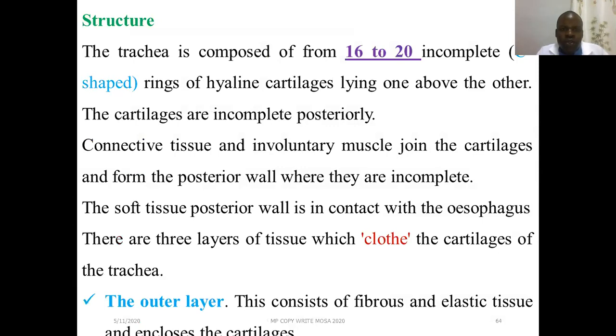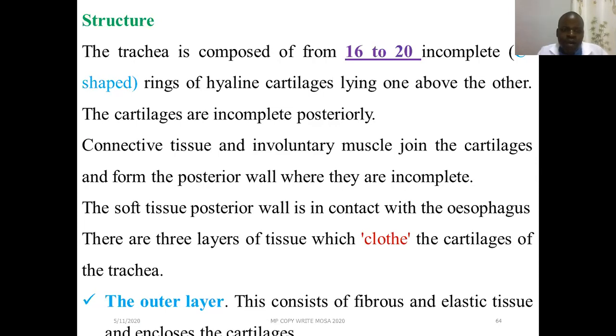Structurally, the trachea is composed of 16 to 20 incomplete C-shaped rings of hyaline cartilage lying one above the other. So the C-shaped rings are the ones we are describing as the rings of hyaline cartilage.